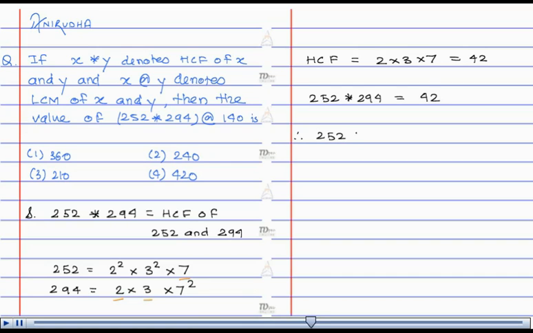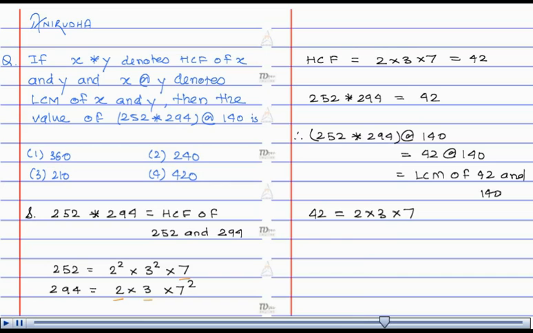252 asterisk 294 whole at the rate 140 is equal to 42 at the rate 140, which is the LCM of 42 and 140. 42 is factorized as 2 into 3 into 7, while 140 is factorized as 2 square into 5 into 7.